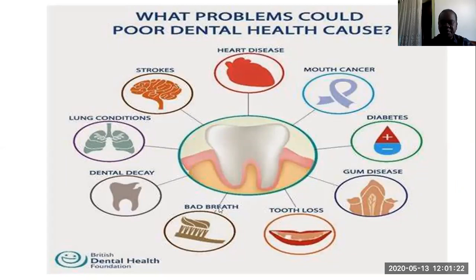Like I just said previously, bad breath: somebody talks, an offensive odor comes out of his mouth. Tooth decay, having a hole in the tooth and causing damage to the crown and eventually removal. It can cause lung diseases. The lung is the part of the body that takes the air that we breathe. So you see, there's a lot of connection between dental diseases and other popular diseases that are known these days.